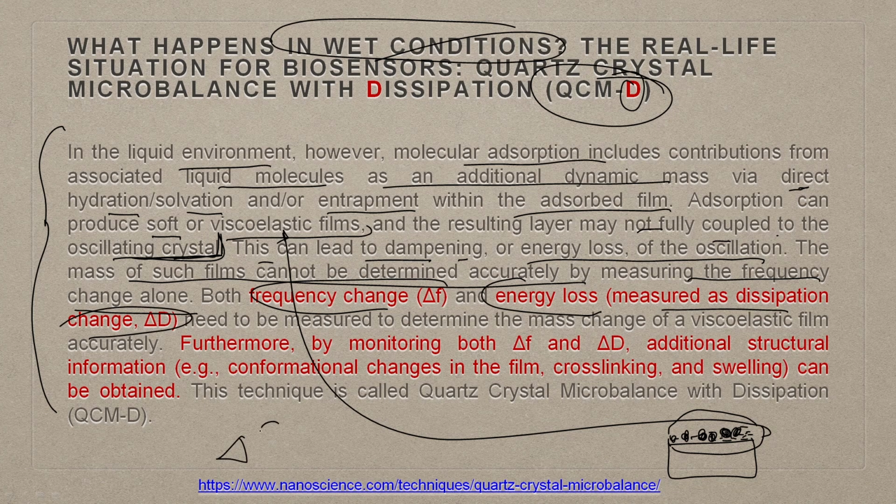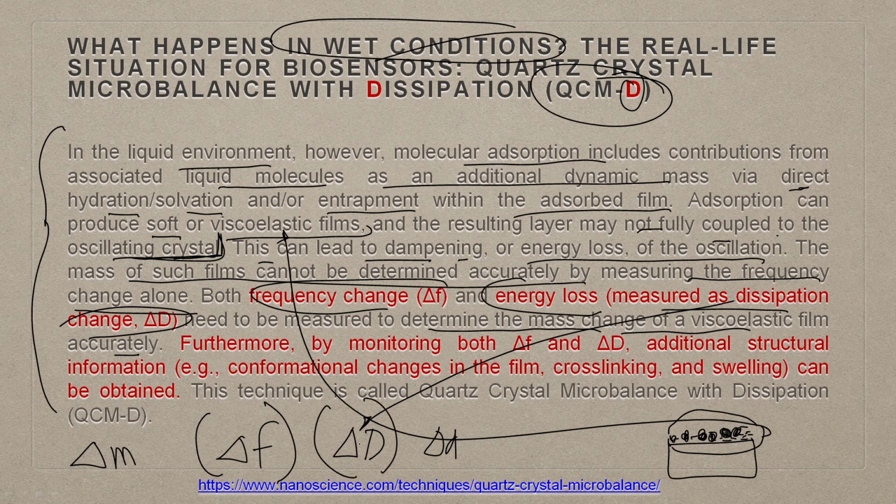So, delta F, and now another new term is coming into the game, delta D, whichever way you want to denote it, which is the dissipation change, needs to be measured to determine the mass change of a viscoelastic film. So, now delta M, or change in mass, is related to delta F, the change in frequency, and delta D, the dissipation change.